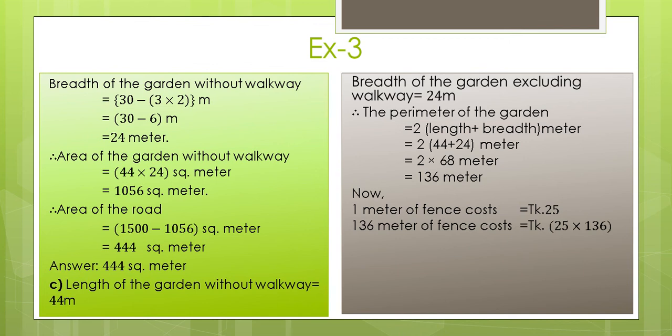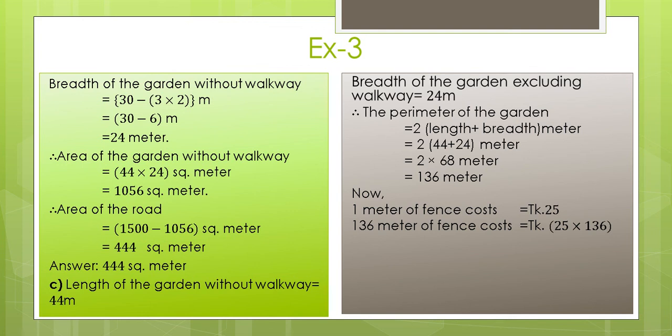So 136 is the perimeter, and 136 meter of fence costs taka 25 multiplied by 136. Normally, if 1 meter costs 25 taka, 136 meter must cost more.